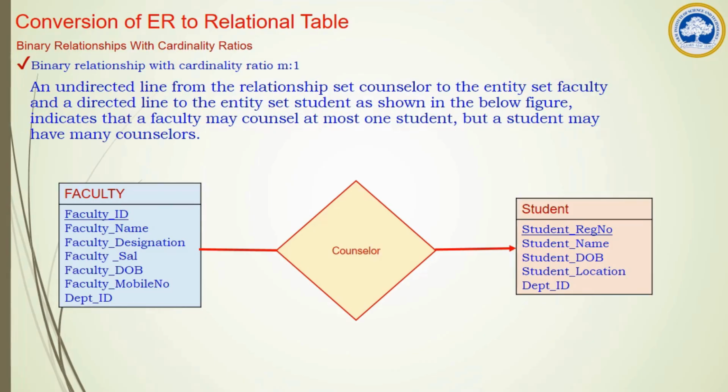Here the undirected line is between counselor and faculty entity set, whereas a directed line is between counselor and student entity set.